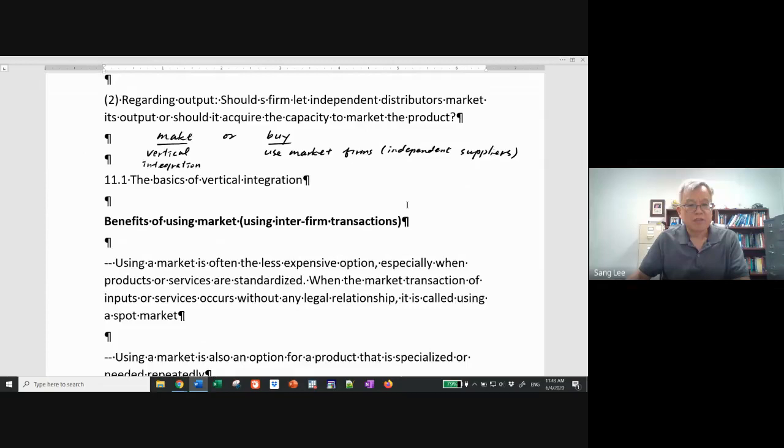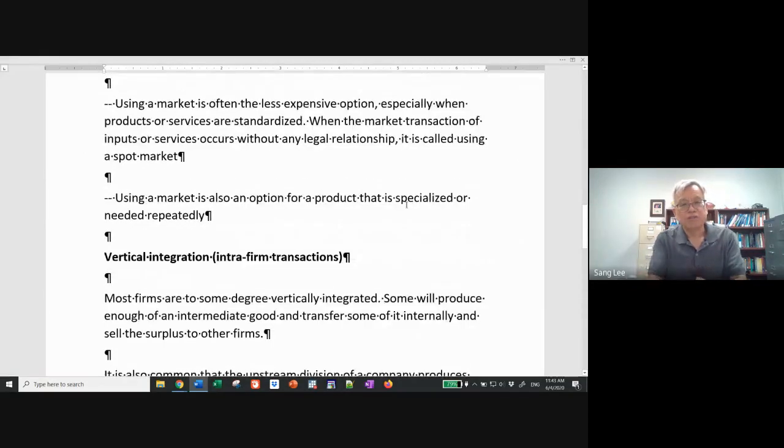So using a market is often the less expensive option, especially when products or services are highly standardized. Because those parts or intermediate goods are highly standardized, you can buy them whenever you need at many different places.